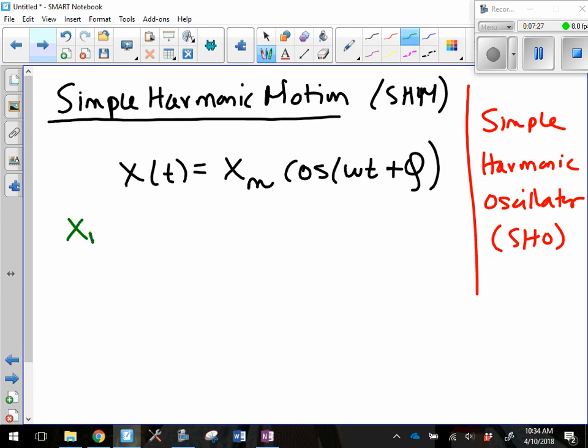So xm, which is that maximum displacement from 0, is what we call the amplitude, which again was something that we played with when we did periods and waves and stuff freshman year. t is time.